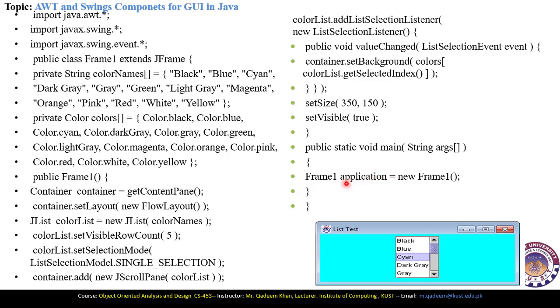When the object of the Frame1 class is defined, then automatically this constructor will be called here, and the constructor is called from this position up to there. So this constructor defines the complete GUI and also the event which is responsible for changing the background color of the container.